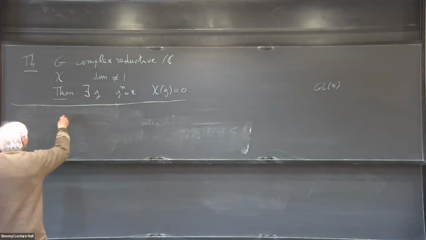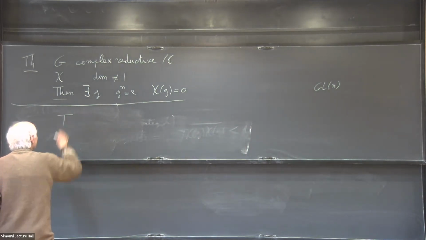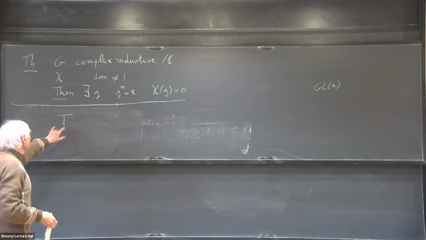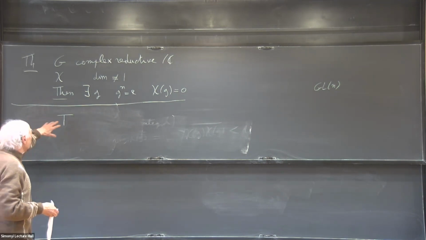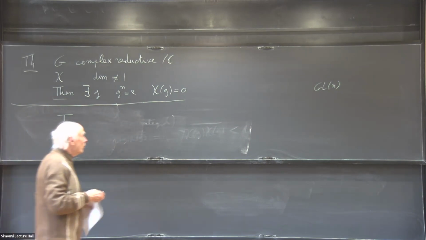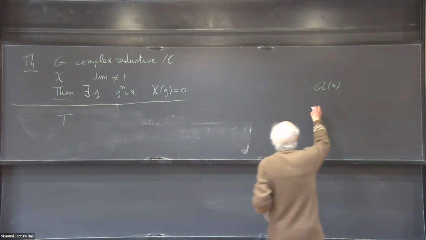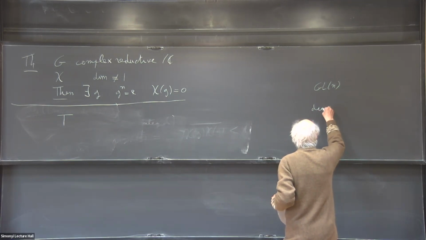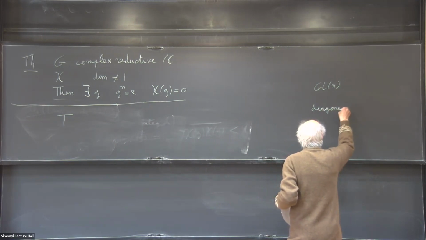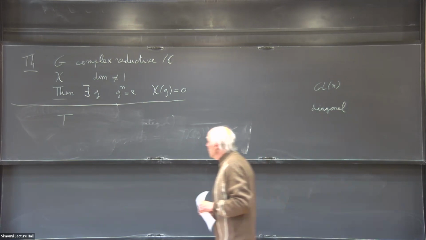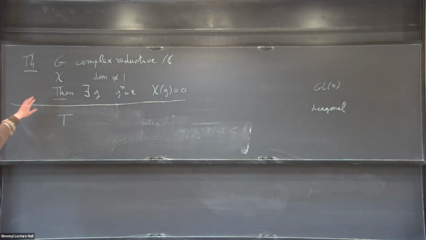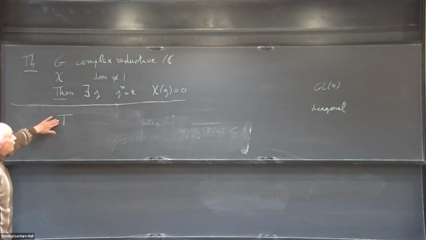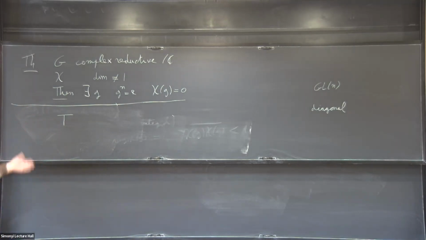So one fixes a maximal torus, meaning an algebraic subgroup isomorphic to the multiplicative group C star to some power. And here it means one can take the diagonal matrices. Now, in fact, it's enough to understand the character on T, because T and all its conjugates fill essentially the group.